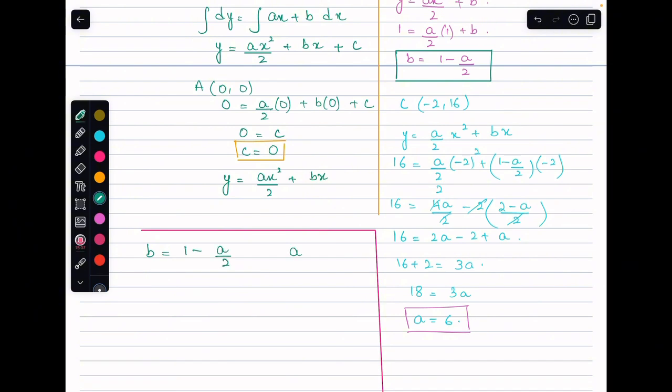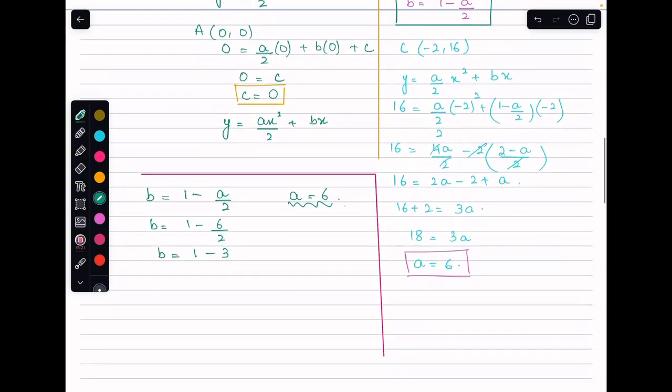We got a as 6, so I shall be substituting this a as 6, so that this becomes 6 divided by 2, or I can say b equals 1 minus 3, or I can say that the b value here is negative 2. So this is how I shall be getting the value of b, which equals negative 2.